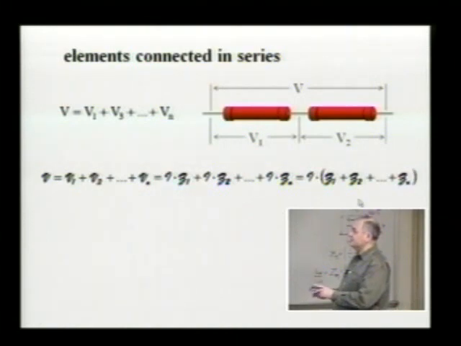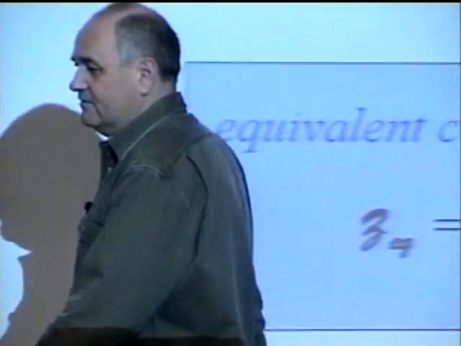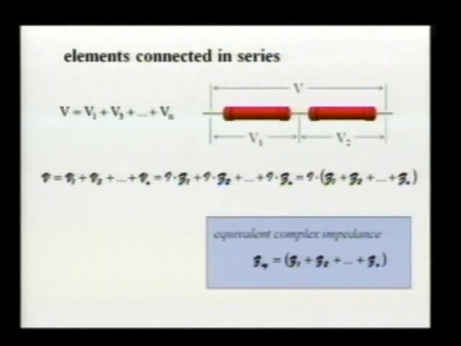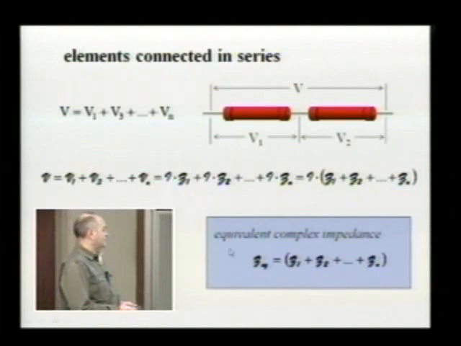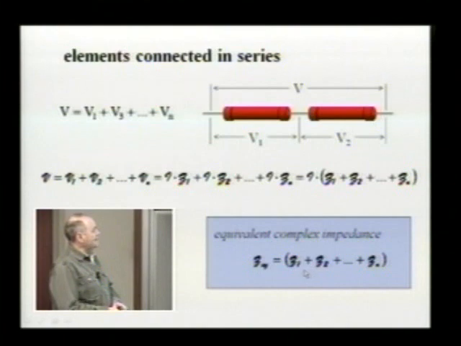And I can factor it in front, which means now that the complex equivalent impedance of this circuit is equal to the sum of impedances.